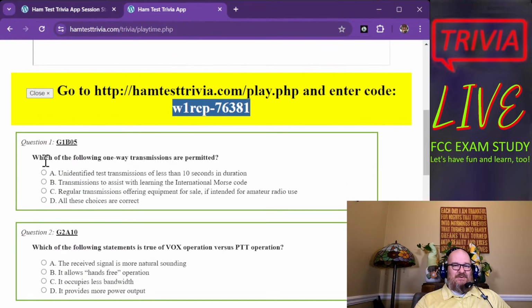So, which of the following one-way transmissions are permitted? Unidentified test transmissions. Heck no, we can't do unidentified transmissions. Transmissions to assist with learning International Morse code. Man, I'm going with that one already. Because regular transmissions offering equipment for sale.